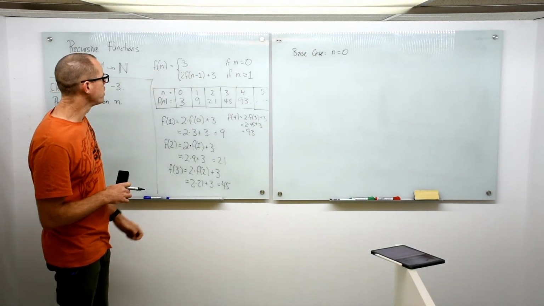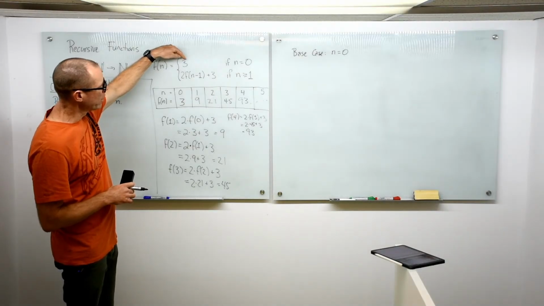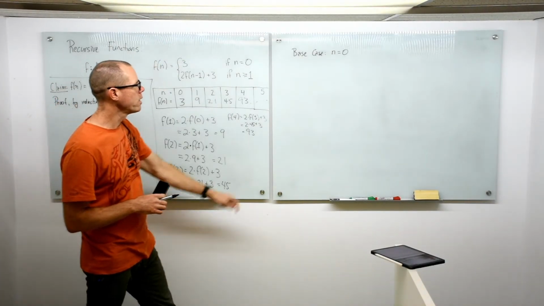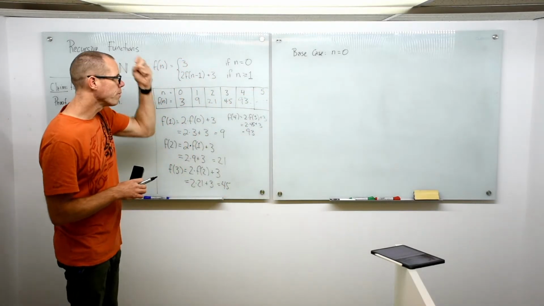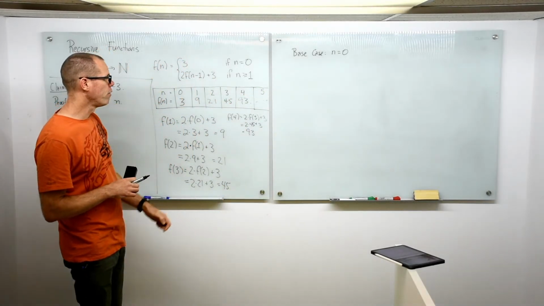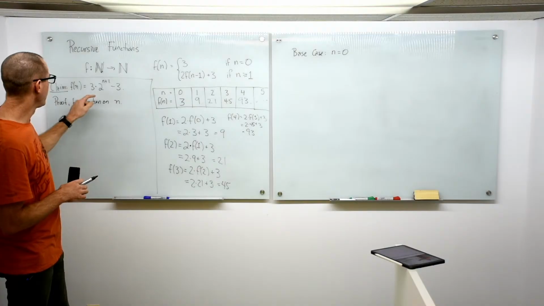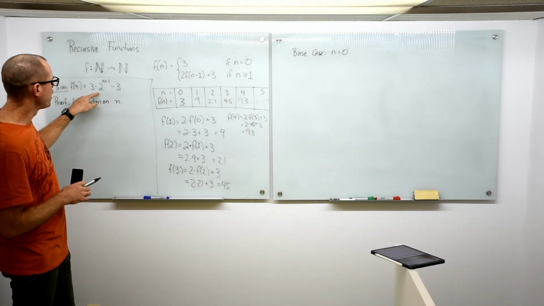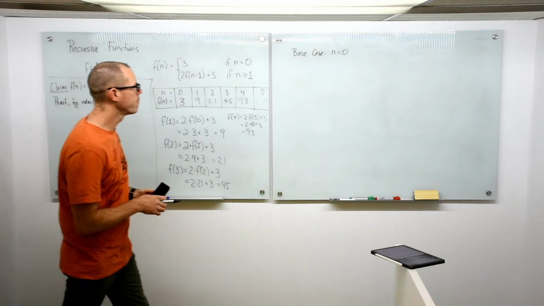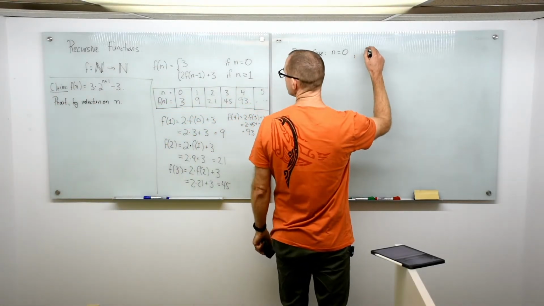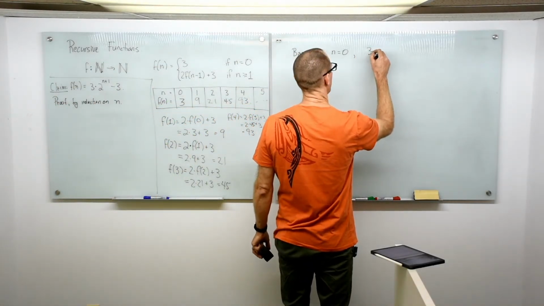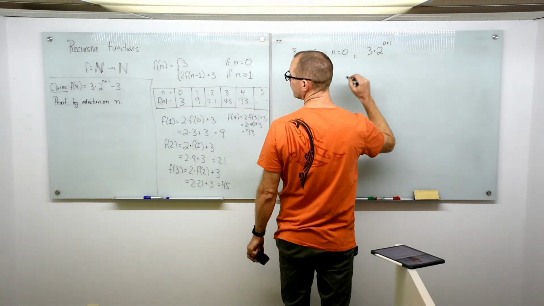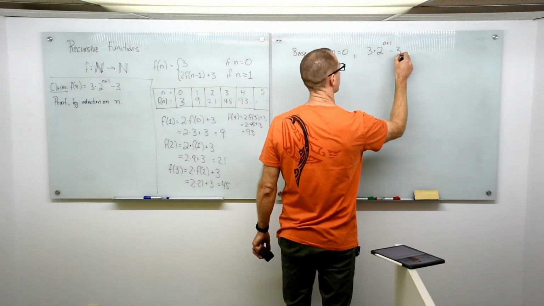In this case, it's quite simple. There's one special case when n equals 0, and then there's the general term. So the base case ends up being this special case. And we need to verify that this formula is correct in this case. So let's write this formula down for n equals 0. So the formula says that it's 3 times 2 to the 0 plus 1 minus 3.